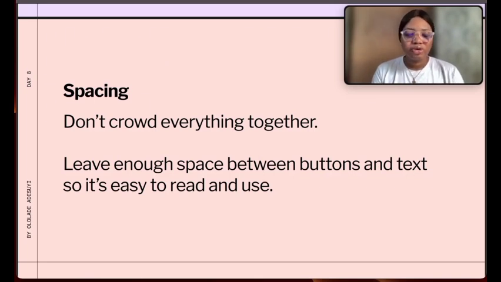So one thing I'll recommend is when designing, make sure to use white space strategically. It can help you separate different sections in your app. So if you finish one section of the app and you're going to another section, you don't have to put a demarcator or any sort of thing like that. You can just use space to indicate it.